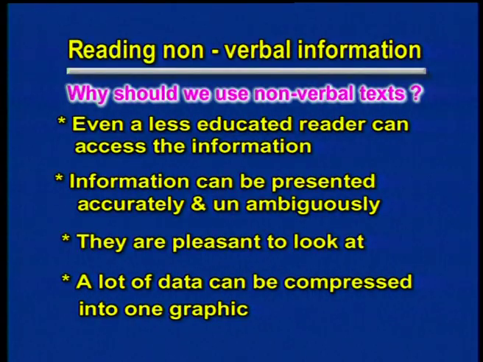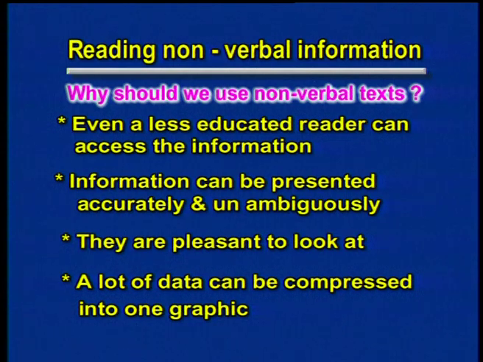Further, information can be presented very accurately in a graphic or a non-verbal text, because the information has to be presented in tables, graphs, or pictures which compress all the information, and interpretation is in a sense reduced to the minimum. There is no scope for ambiguity, so the data gets transferred unambiguously to the reader.